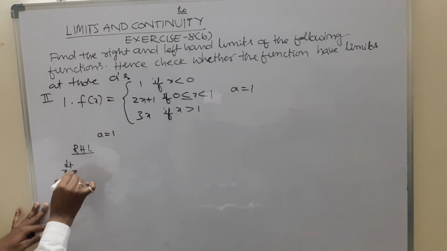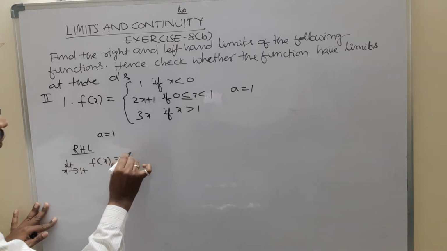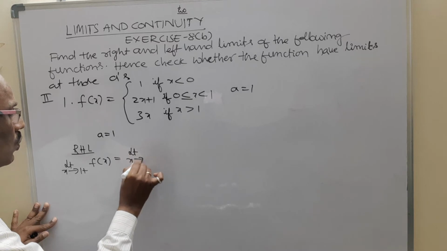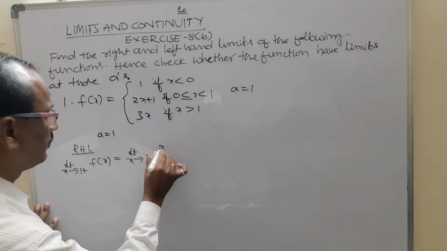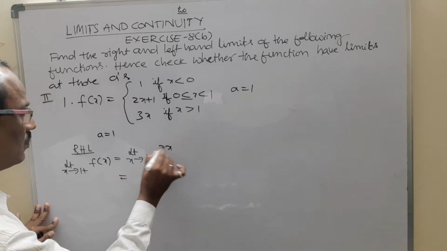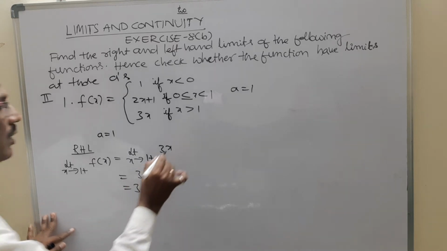Limit x tends to 1 plus f of x equals limit x tends to 1 plus 3x, which is 3 into 1, 3.